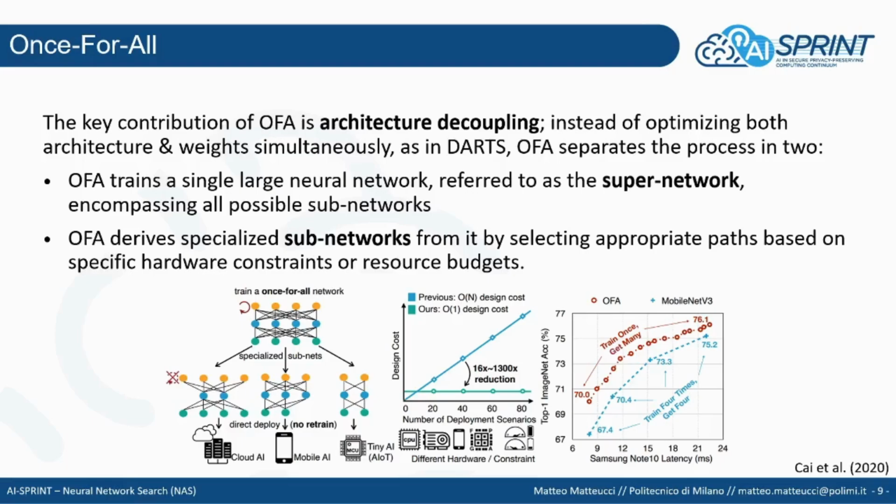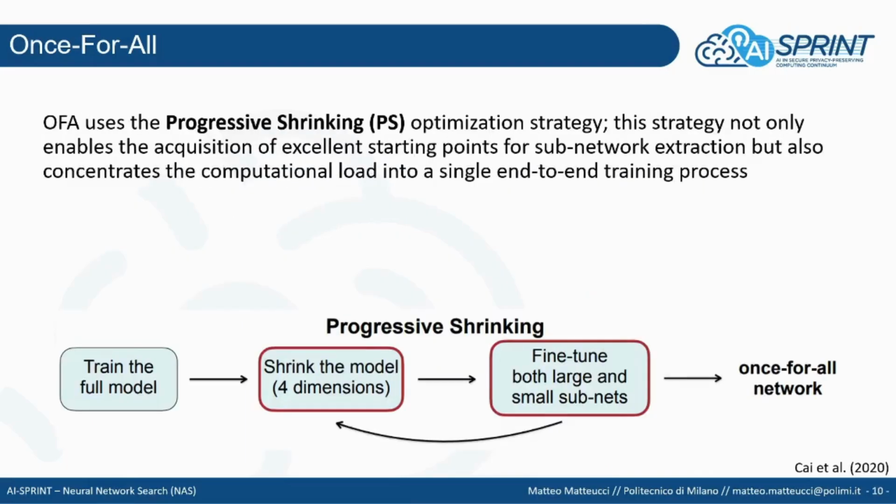These subnetworks are derived after the supernetwork is trained by selecting subpaths based on hardware constraints, based on requirements on the latency. So the difference between the DARTS approach, which also learns the optimized structure, and Once for All is that we divide the supernetwork training and the specialization of the subnetwork based on hardware constrained devices.